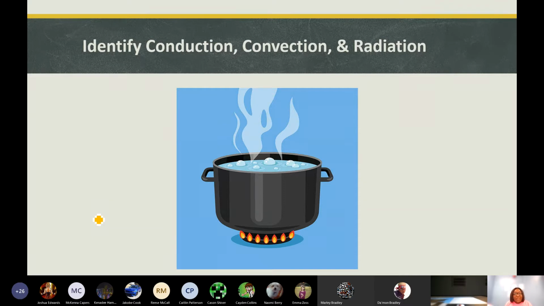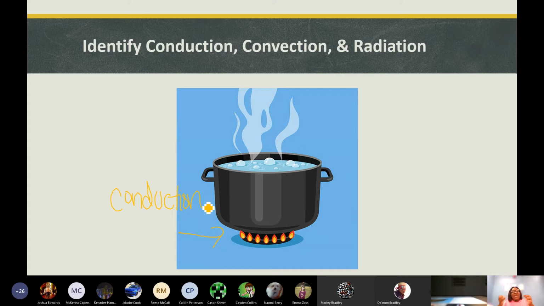But here we see conduction happening where the fire is directly touching that pot on the outside. That's conduction there. Please label conduction.